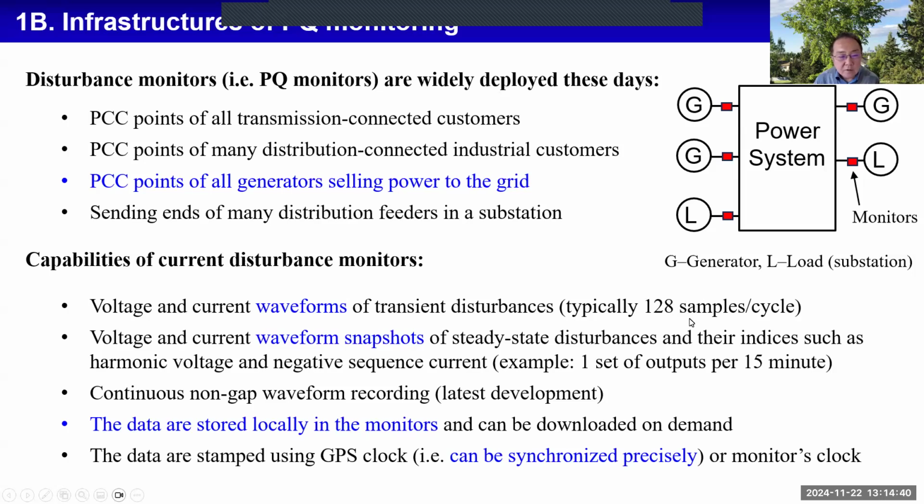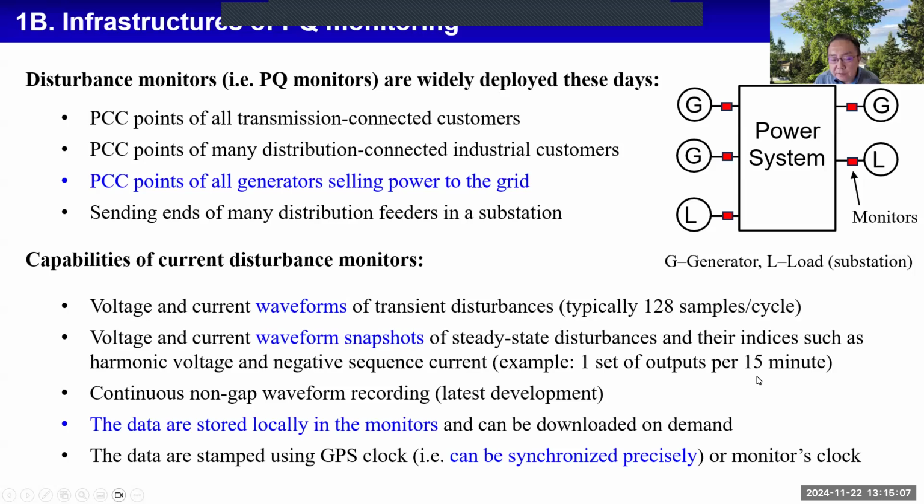Another one is for steady state disturbances: the voltage and current waveform snapshots and the indices such as the harmonic voltage level, negative sequence current, etc. For these snapshots, the user can set one output every 15 minutes.